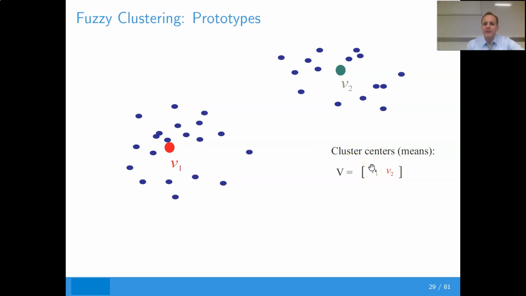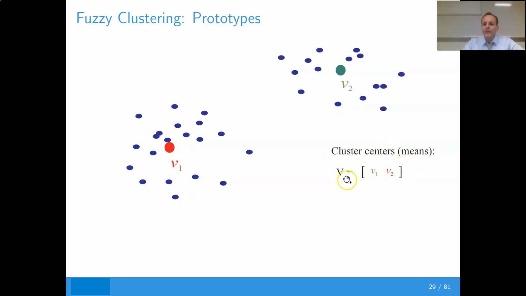A center of a cluster can be interpreted as, for example, here, the center of gravity. It is quite close to a median or a mean value of all your coordinates, and you find the center of gravity of your points, and the same for V1 or V2.